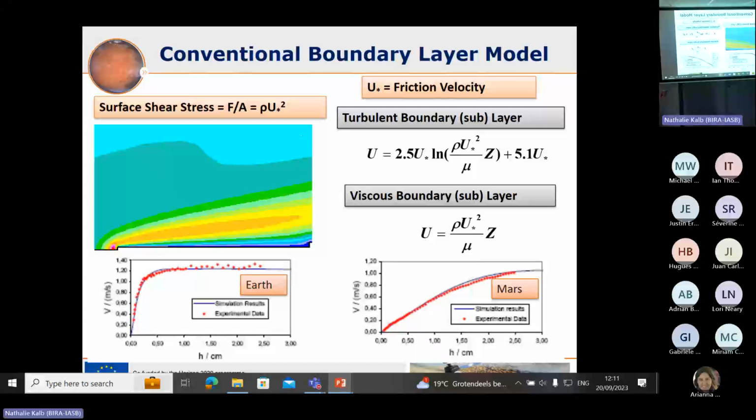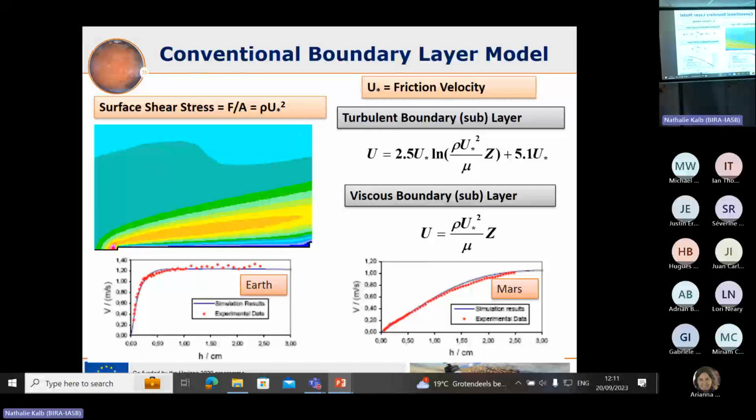And conventionally, normally, you will then divide that into 2 regions. One close to the surface, where there's viscous transport of shear stress to the surface. So you get a viscous layer. And then above that, there's a logarithmic layer, which is where turbulence is the process which transfers stress.